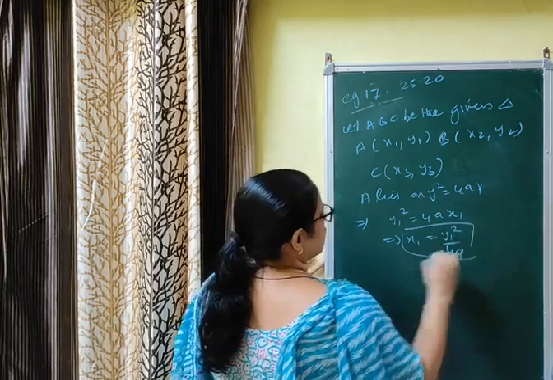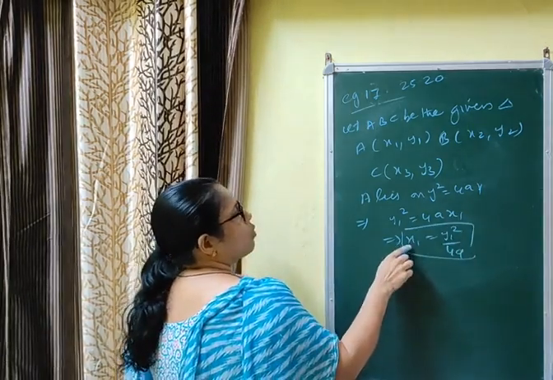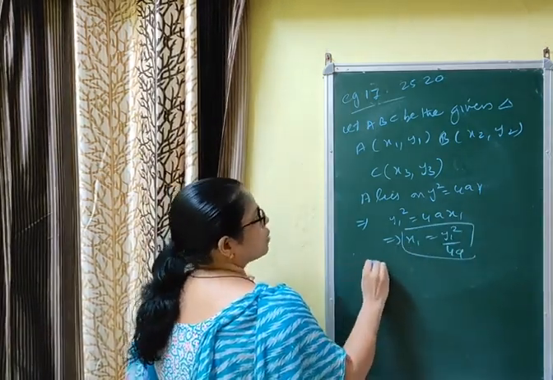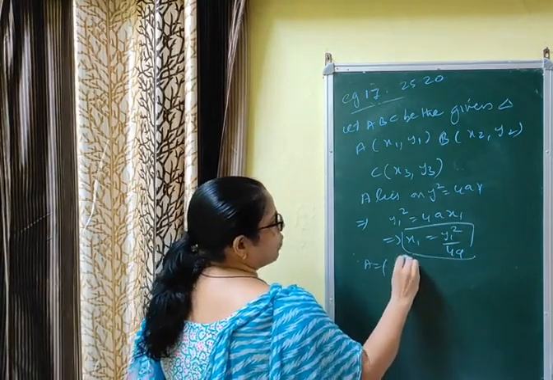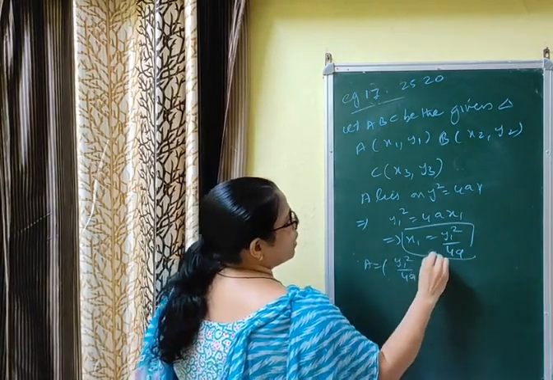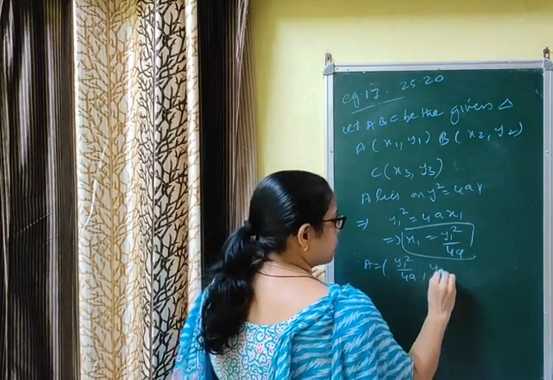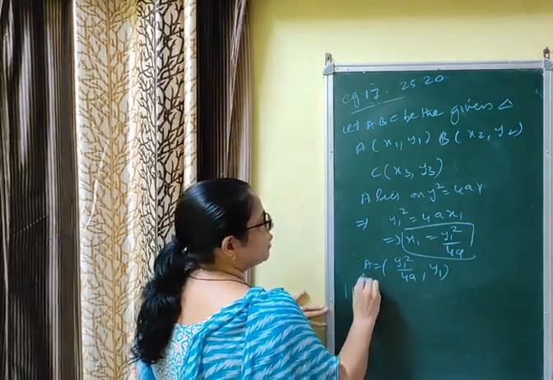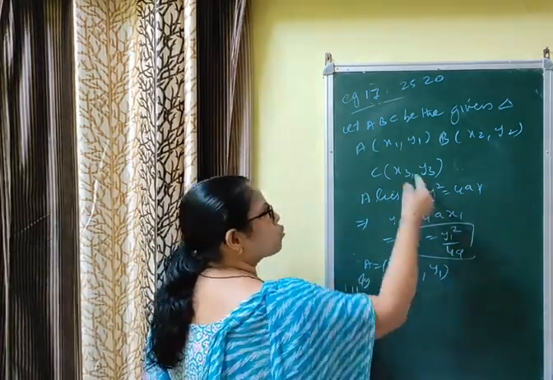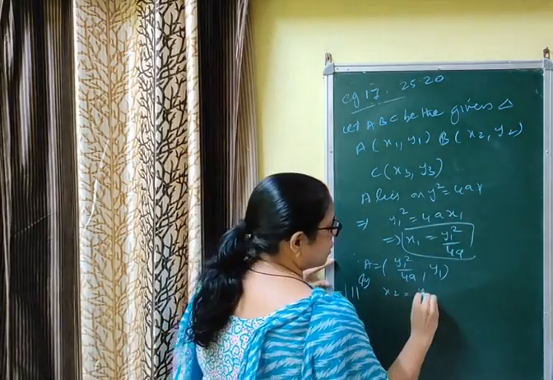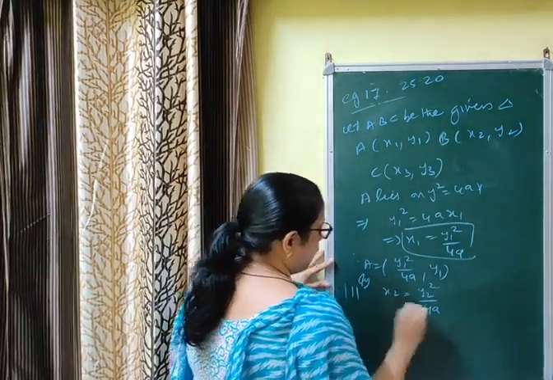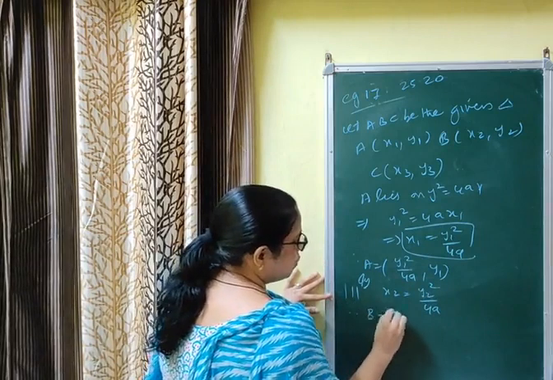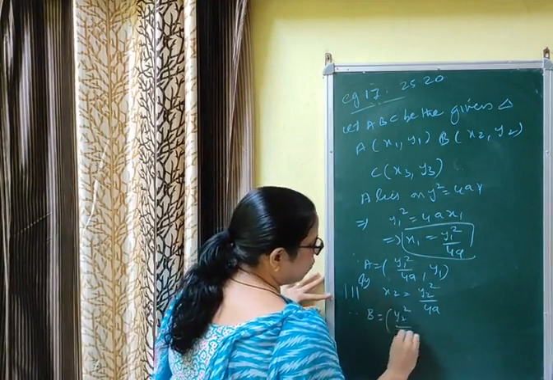That is, you got the coordinates of A: y1 square by 4a, comma y1. Similarly x2 is y2 square by 4a, therefore B is y2 square by 4a, y2.